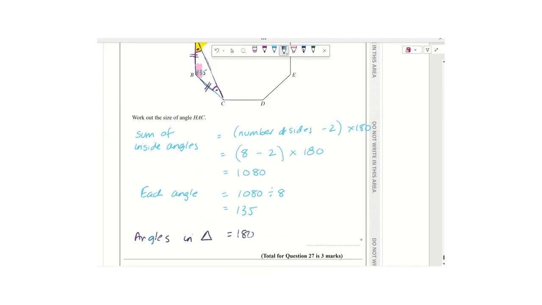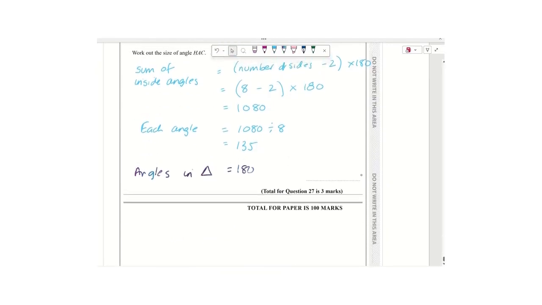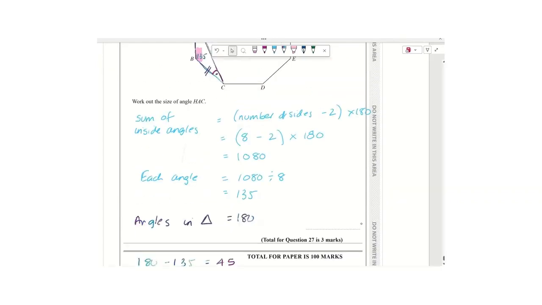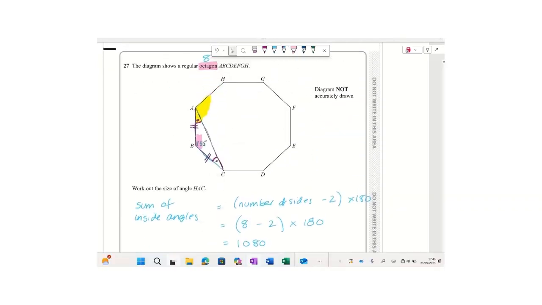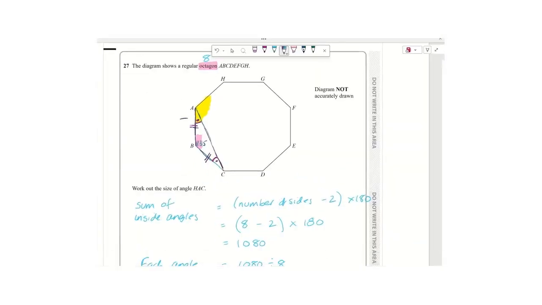So to find what those other angles are, we can do 180, take away 135, which gives me 45, and then I can halve them, because there's 2 of them and we know they're the same, which gives me 22.5 degrees. So each of these angles in here, that one and that one, are both 22.5 degrees.